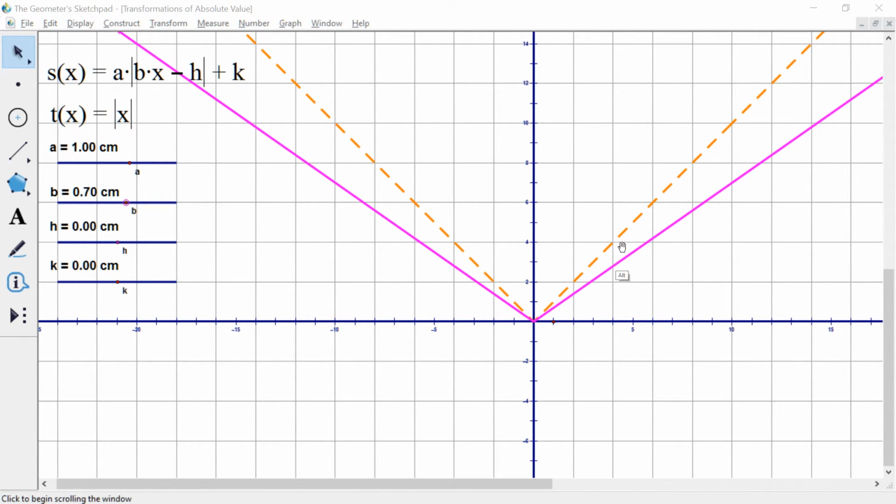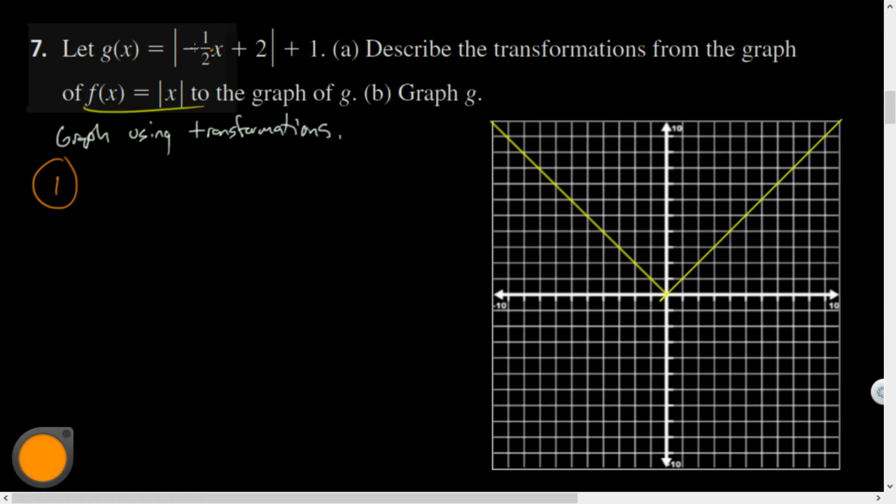So in this case, my B number there, so to speak, is -1/2. 1/2 is less than 1, a fraction between 0 and 1. So this is actually going to be a horizontal stretch by a factor of 2.